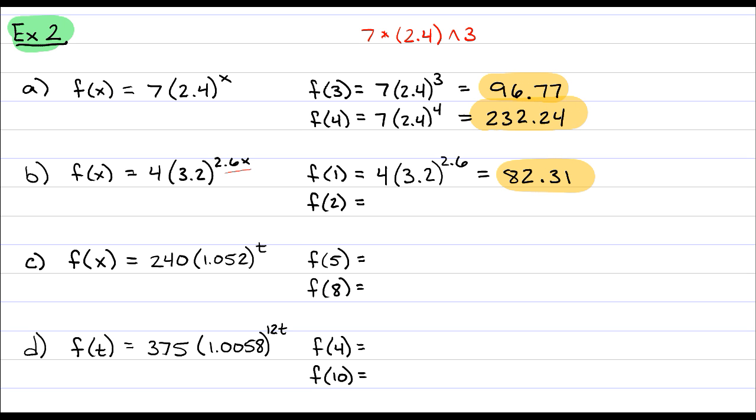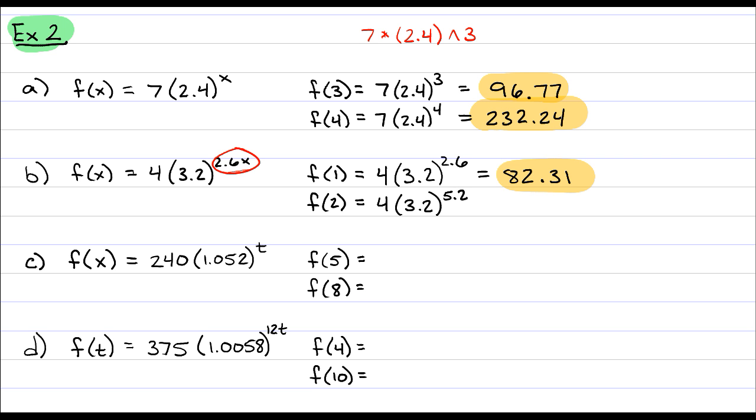Okay. So now, what if I plug in 2 into this function? Well, again, the very first thing that happens is that if I plug 2 into this, I have to calculate 2.6 times 2. So I get 4 times 3.2, and then 2.6 times 2 is 5.2.